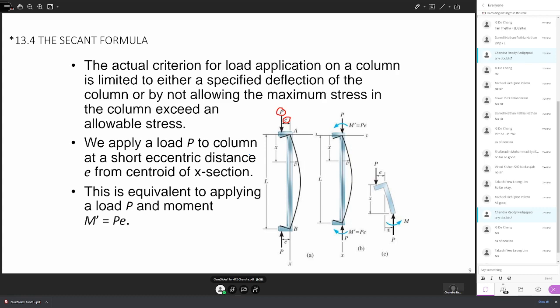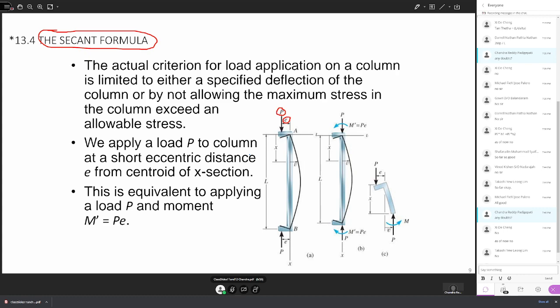So when the load is not acting at the centroid of the cross section, but away from it by an eccentricity E, then the critical load calculations will be done by using what's known as the secant formula. So the secant formula is used to calculate the critical loads.